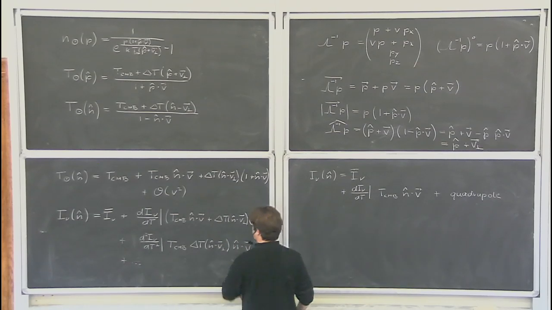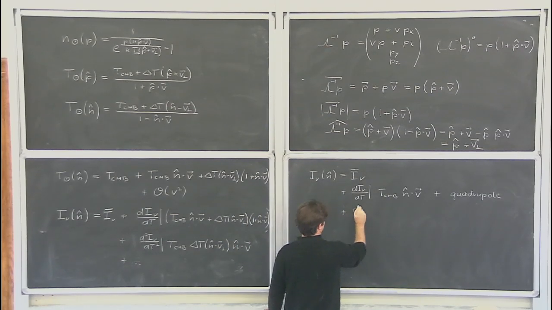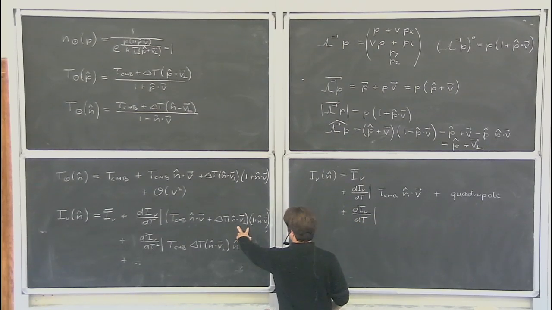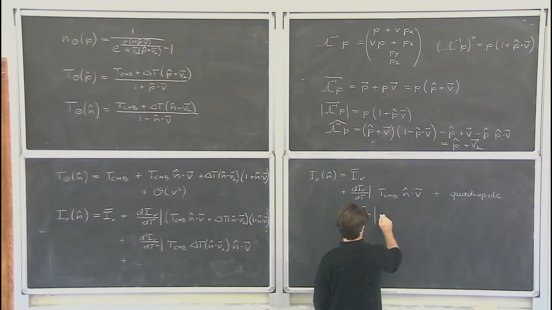And then there are the pieces that I was interested in, so let's write them as dI nu dt evaluated at the CMB temperature, and then I have this contribution here.